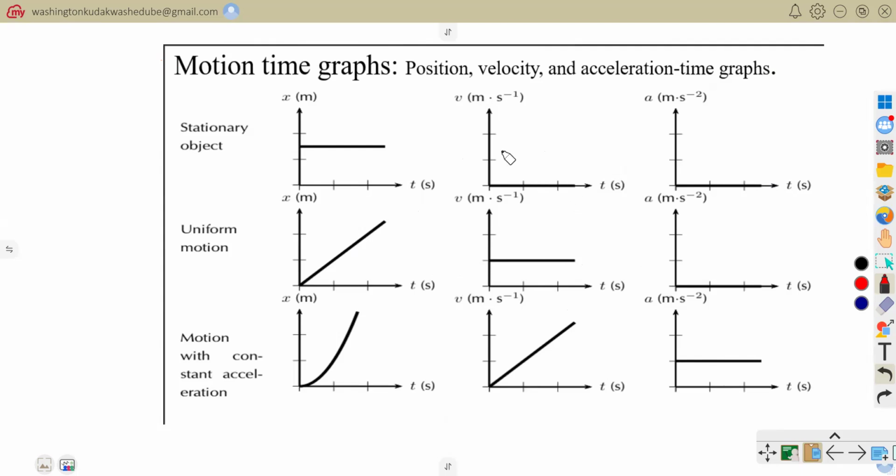Now, there is something under a velocity time graph. So we said under a position time graph, when we have position x in meters versus time, just know that the gradient gives you what? Velocity. So the gradient on a position time graph gives you velocity. Nothing else.